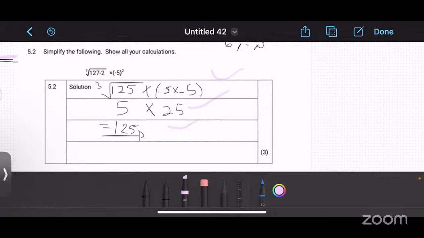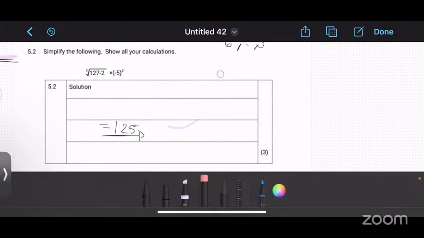Because sometimes if you give me just the answer, let's say for example, Manahil was lazy to write the whole thing, and then just punched her calculator and said this whole thing over here is equal to 125. Chances of you getting a mark from this are very low.